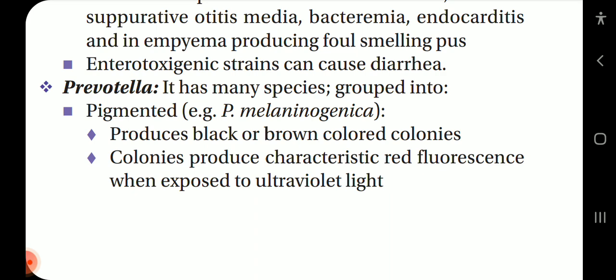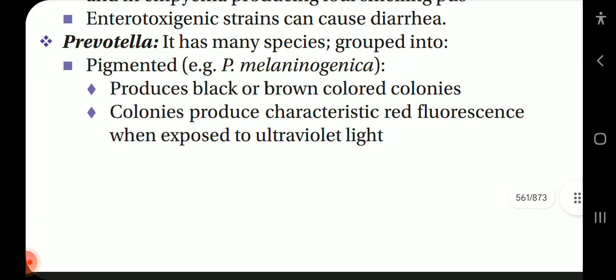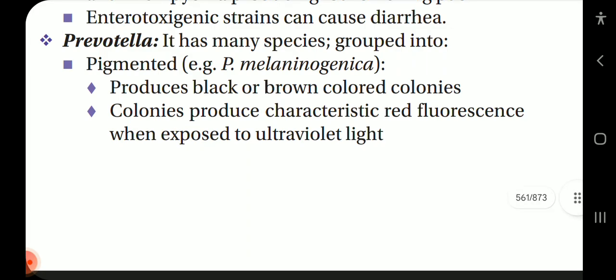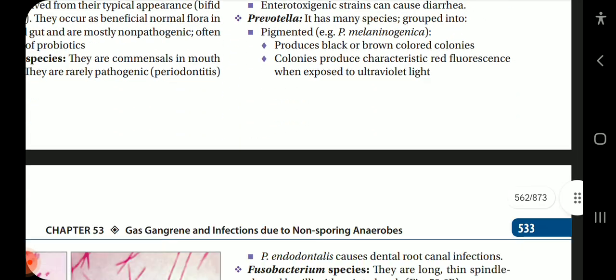Prevotella has many species grouped into pigmented Prevotella, such as Prevotella melaninogenica, which produce black or brown colored colonies. Colonies produce characteristic red fluorescence when exposed to ultraviolet light.